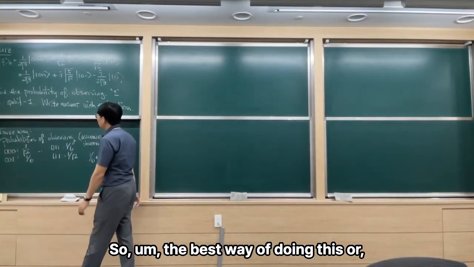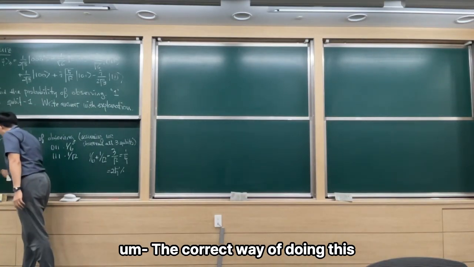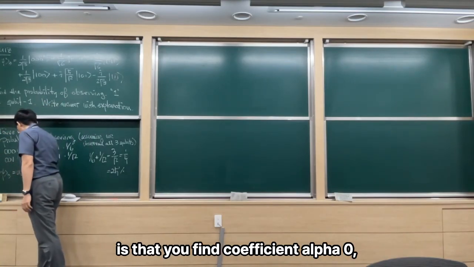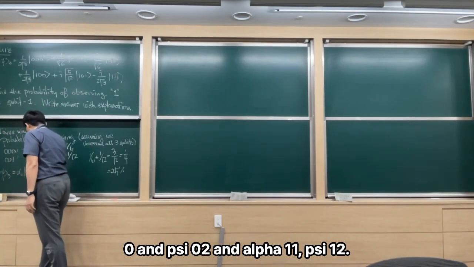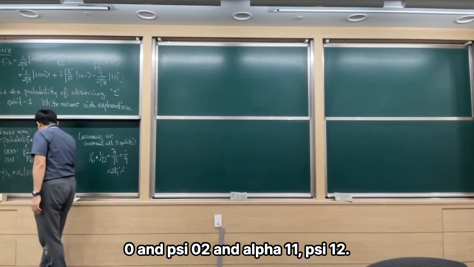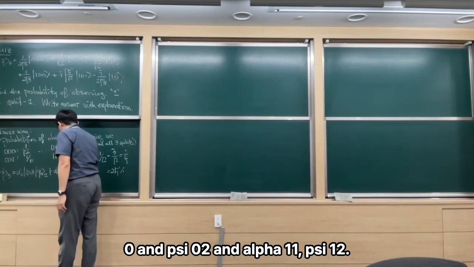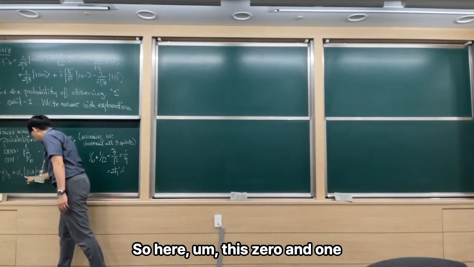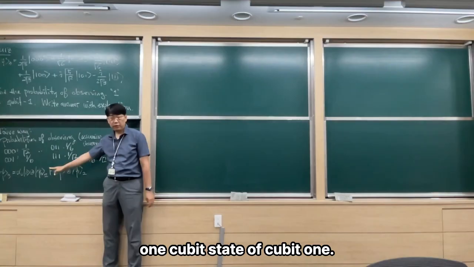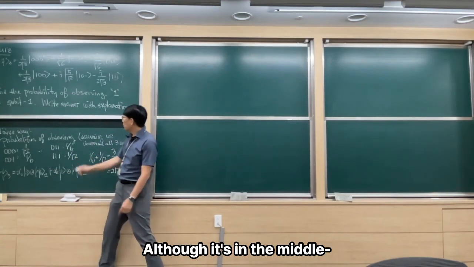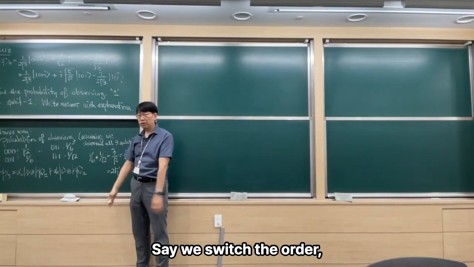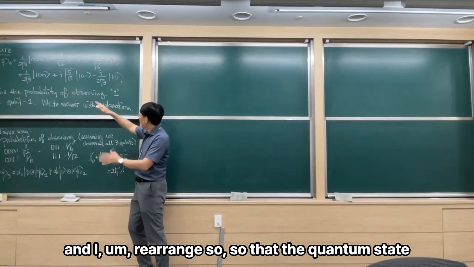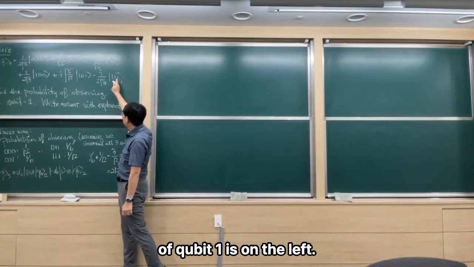So the best way of doing this, or the correct way of doing this, is that you find the coefficients alpha 0, psi 0, 2, and alpha 1, psi 1, 2. So here, this 0 and 1 is the 1 qubit state of qubit 1. Although it's in the middle, say we switch the order, switch the place of this quantum state, and I rearrange so that the quantum state of qubit 1 is on the left.